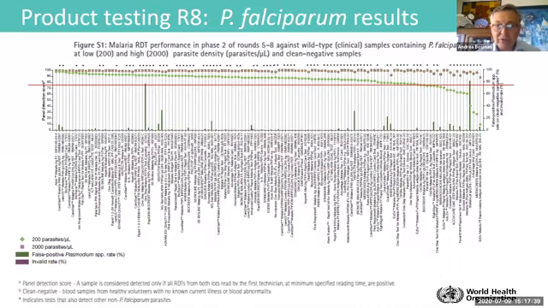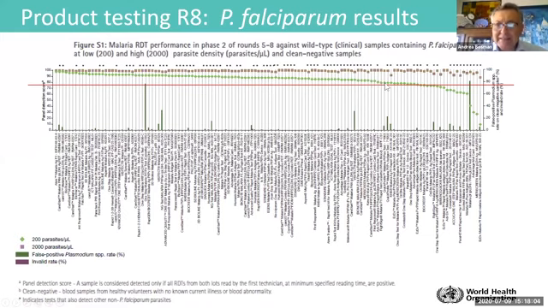Why am I telling you all this? It's to give you some understanding of what is behind this complex data, which is the way we compare different types of RDTs. These are all brands, completely different from one another. And you see that many of them have a panel detection score above 75%.